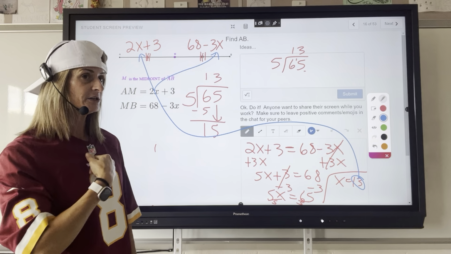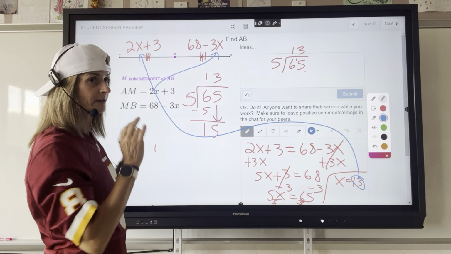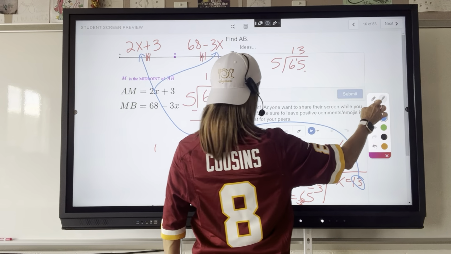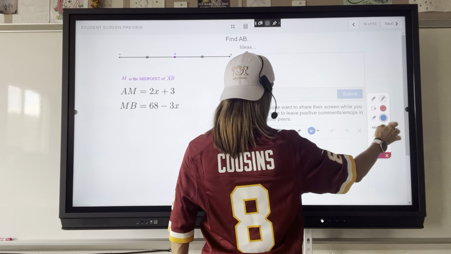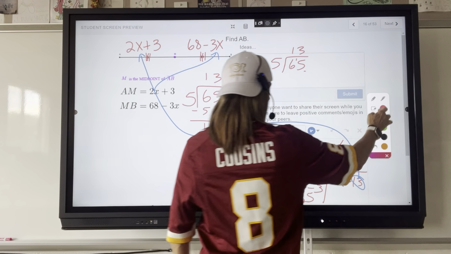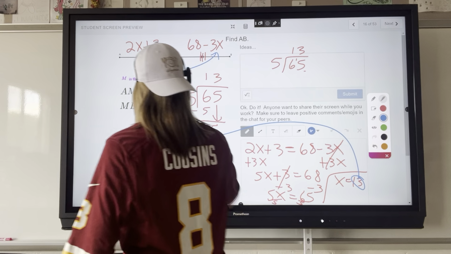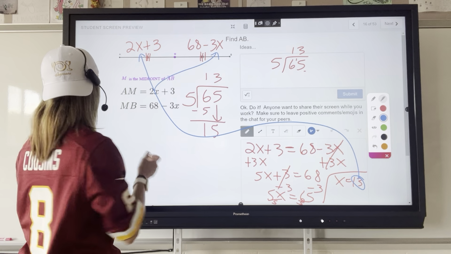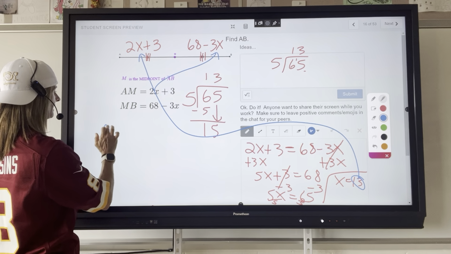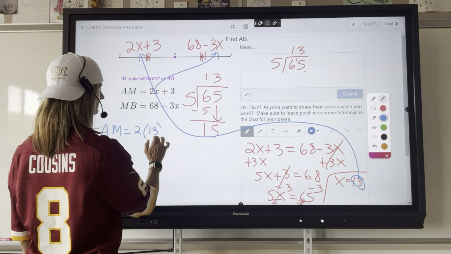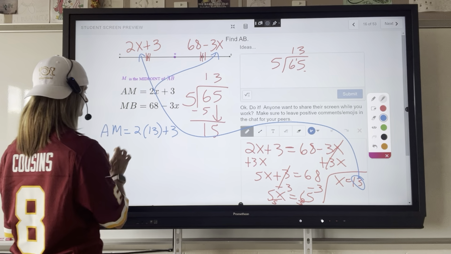I think it's easier, since these segments are the same lengths, to figure out what 2x plus 3 is, and then just times it by 2. So AM is 2 times our new x plus 3. And what is that?